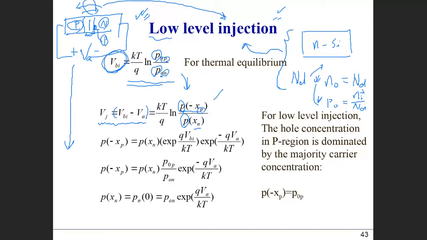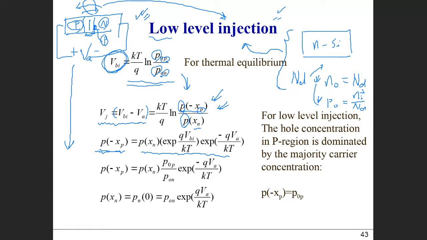When you apply the bias, it's not thermal equilibrium, so it follows this equation. Now, if we look at the hole concentration at the edge of the depletion region, the p side will follow this equation.